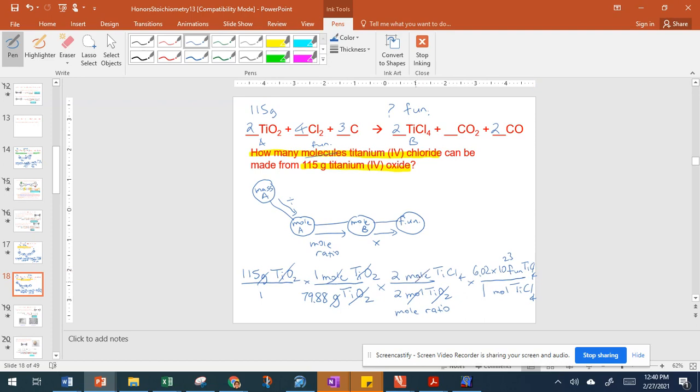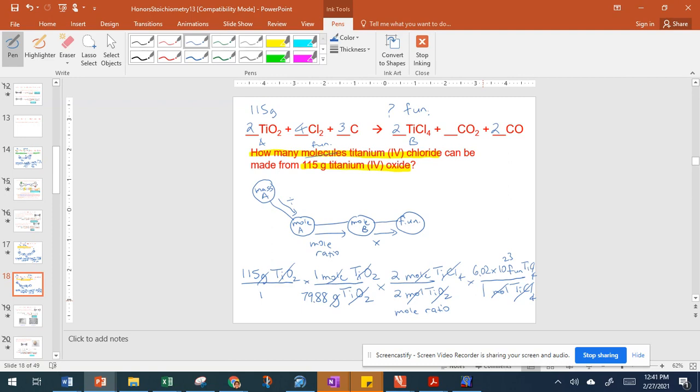Okay, so now we notice moles cancel out, titanium 4 chloride cancels out, and then we're going to multiply whatever's in the top, divide by what's in the bottom. So we have 115 times 2 times 6.02 times 10 to the 23rd divided by 2 times 79.88.